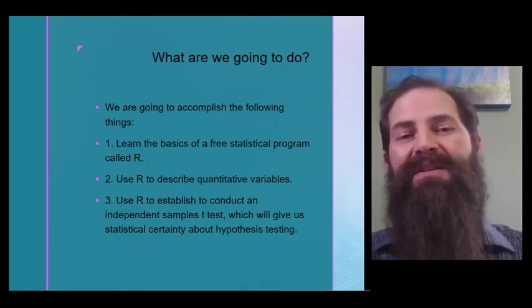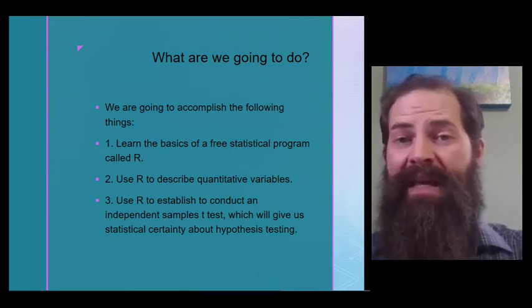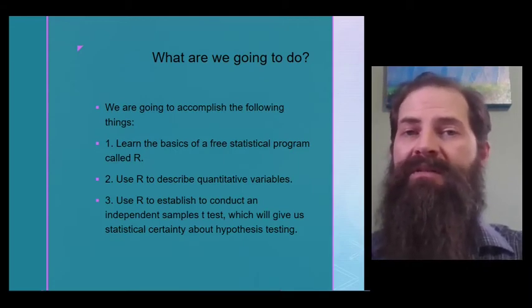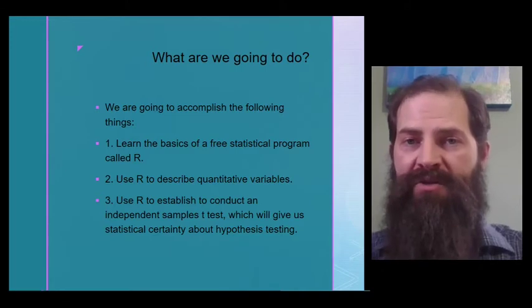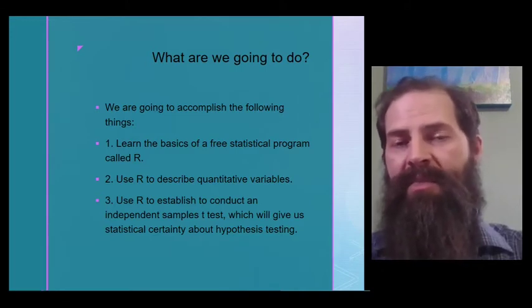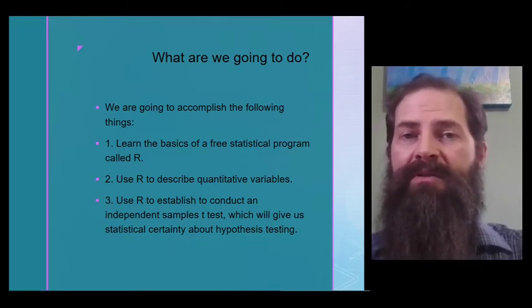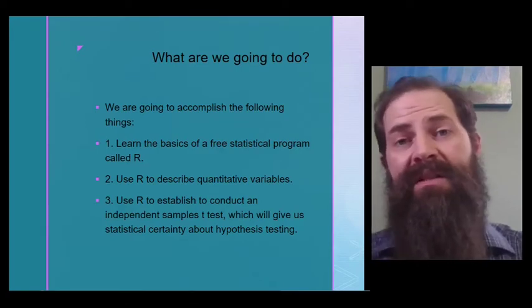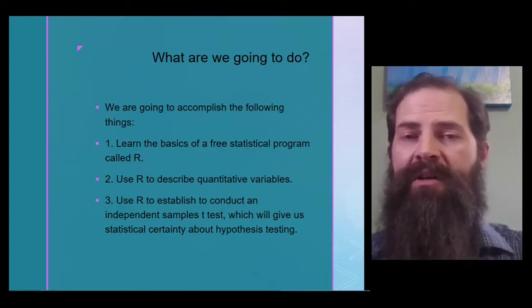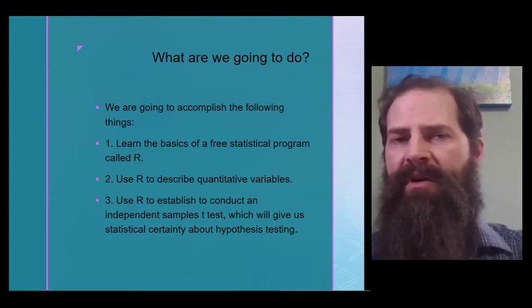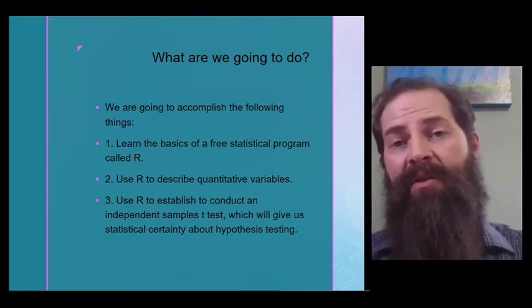A couple of things I want to tell you about what we'll do today. We are going to go through the basics of learning something called R in this lecture series. I'll tell you about R in just a moment. More importantly, we're going to learn to do some quantitative summaries of variables in R. We're also going to use R to do a basic independent samples t-test, or what I'll usually simply call a t-test. A t-test lets us see if being in one category or another might shape another quantitative score.